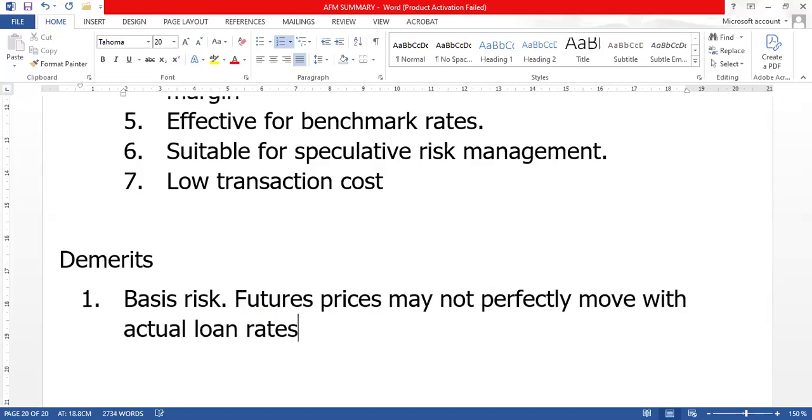So you may predict that the futures price is going to be high compared to the actual rate, but in actual sense, what you predicted is not the way it is. Probably you say let me enter into this arrangement because the price is highly likely to increase.